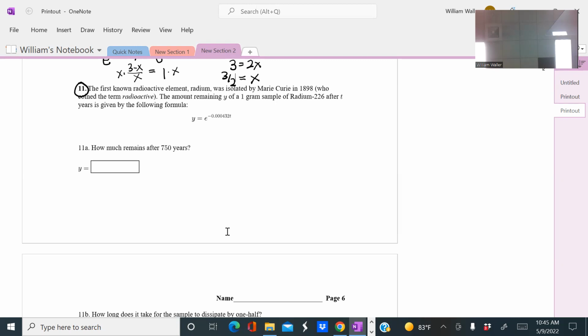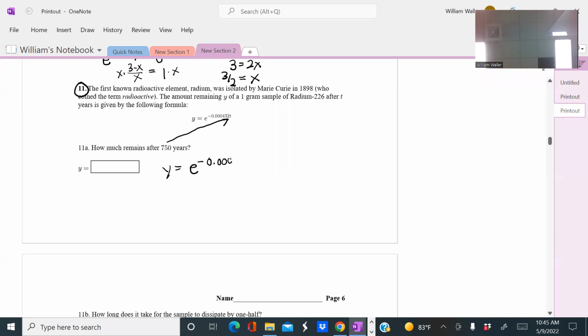Okay, so radium dissipates slowly. It doesn't dissipate quickly. So how much is left after 750 years? That's easy, because you're given the value for t, so you're just doing a straightforward calculation here.